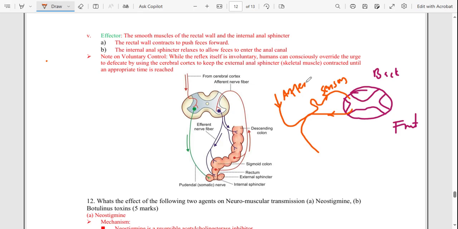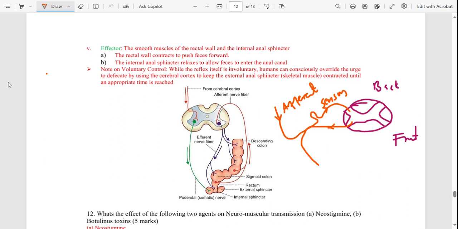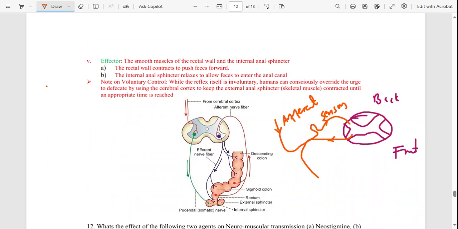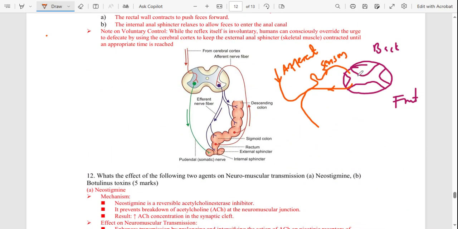Afferent is towards, so towards the central nervous system. And then the spinal cord itself, we refer to that as the integration center. This is where the information is going to be integrated. And then you are going to have the efferent, which will go back to that organ. So efferent nerves, these are motor. Besides what is carried by the sensory nerve, there's a stimulus.